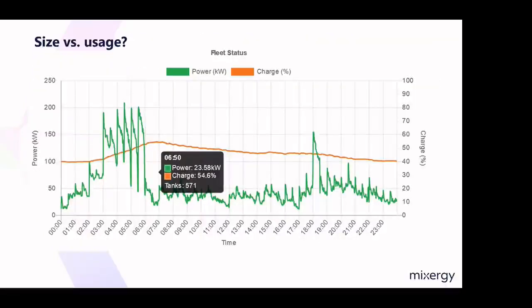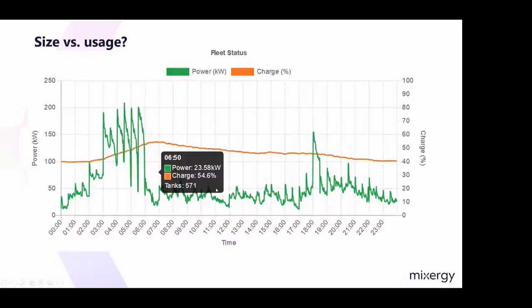So this is some real-time data. We've actually moved up to now, we can show this over 900 odd cylinders, so I need to update this slide, but we're looking at this series of tanks, 571 tanks. What is the probability of them being able to use 100% of the tank? So we can see peak usage is at 6:50 AM, which is a maximum charge capacity of 54.6.